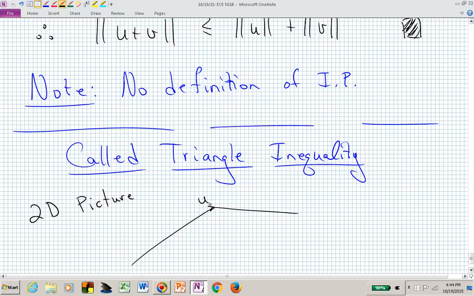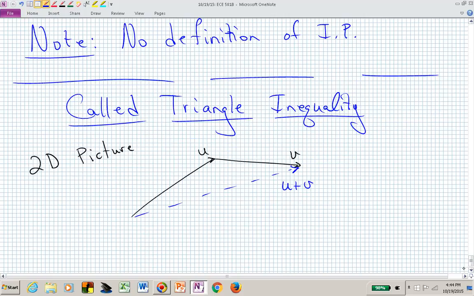So here's u, and there's v, and this is u plus v. And we know that for any u and any v, the length of u plus v is less than or equal to the length of u plus the length of v.